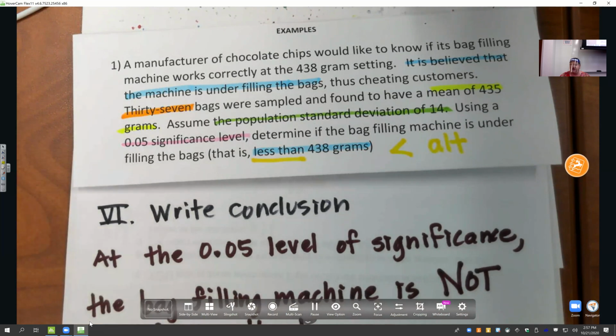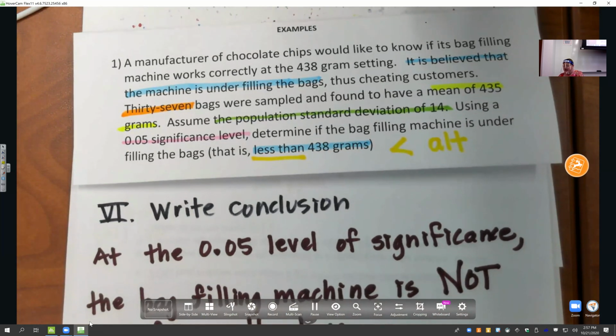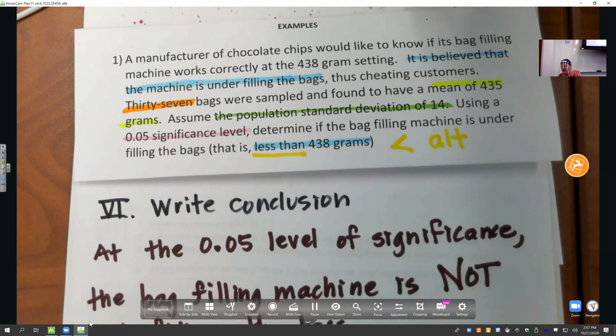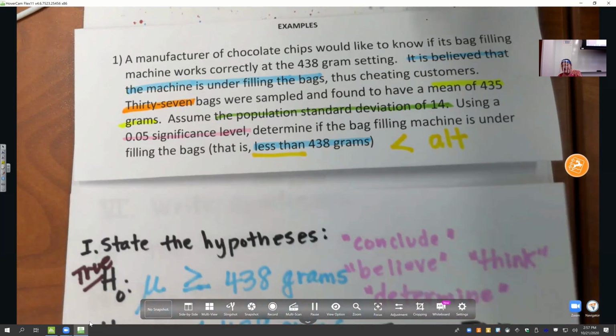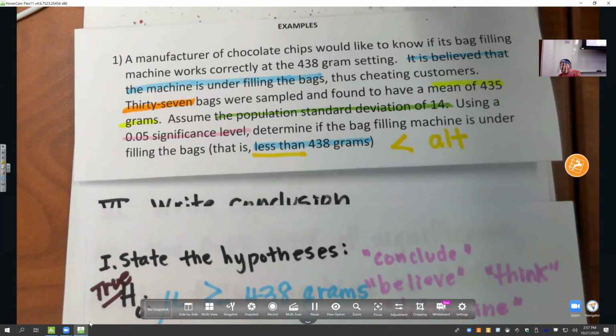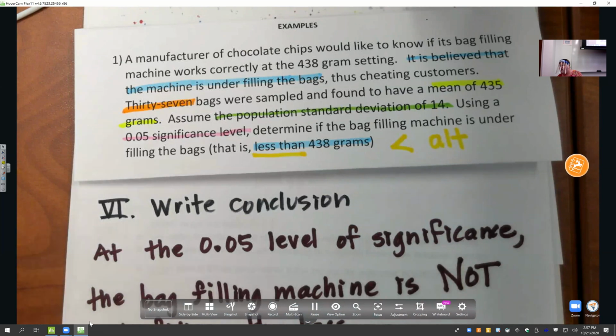Because we proved based on our data that the mean amount going into the bags was more than or greater than 438 grams. So they're not being underfilled. They're getting just enough or maybe a little bit more, which for the consumer is a good thing.